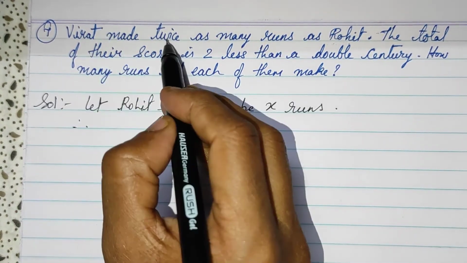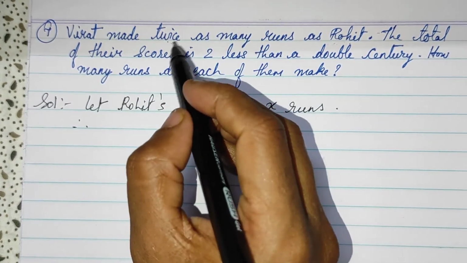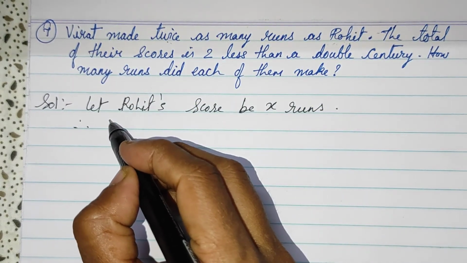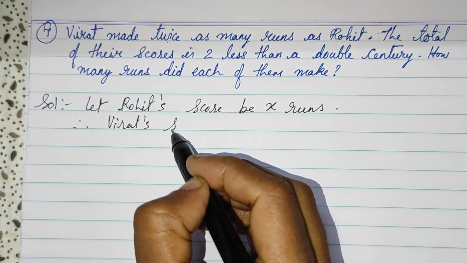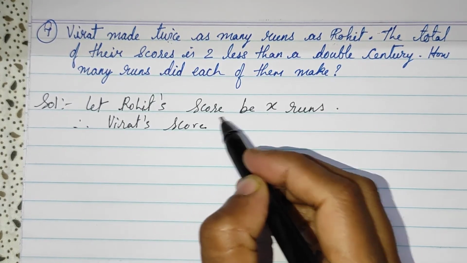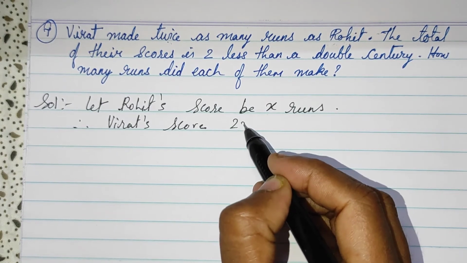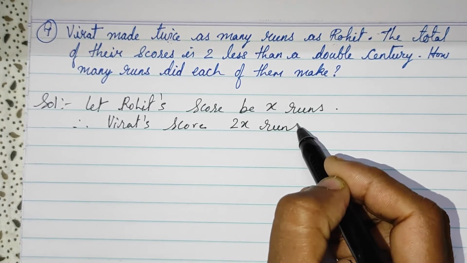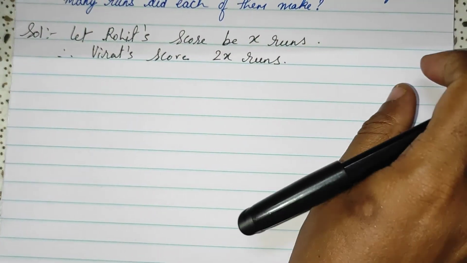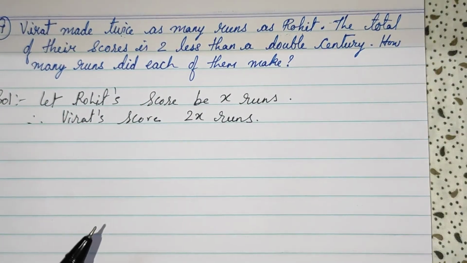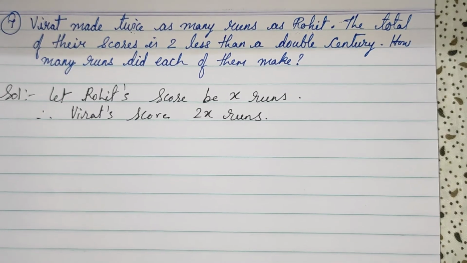So therefore Virat's run is twice. So Virat's score, twice, no? So 2x runs. The total score is 2 less than a double century. Single century is 100, double century is 200.